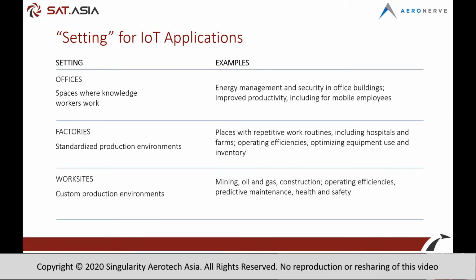And the values you want to get out of the IoT application are the same as factories. For example, operating efficiencies. For the machines you have, you want to avoid unplanned downtime, so you need some sort of predictive maintenance. Those are among the most famous applications of IoT.